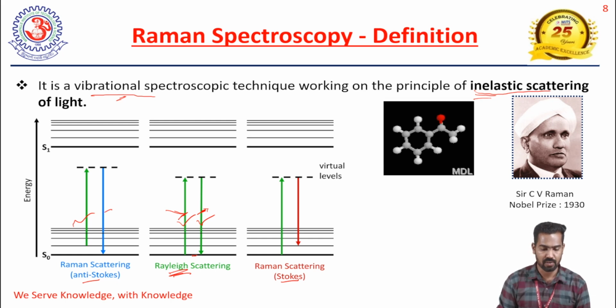What you can observe here is that the incident light frequency or energy is lower than that of the scattered light. You understand? So what is the meaning? The energy or frequency of the scattered light is higher as compared to the incident light. What about this case? Here the incident light frequency is higher than the scattered light frequency, which is the Stokes line. In anti-Stokes, the incident light frequency is lower than the scattered light frequency.